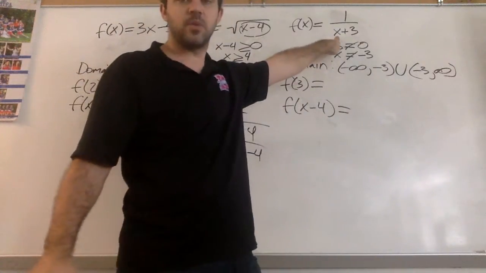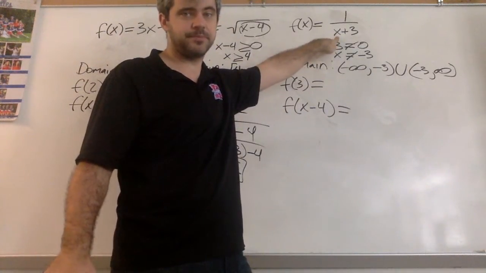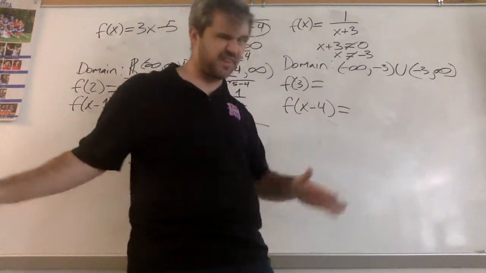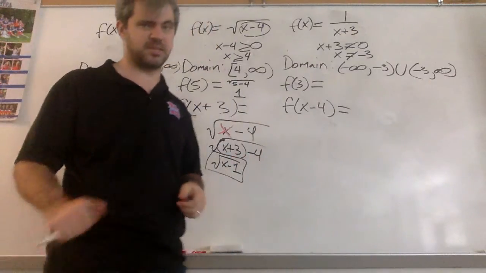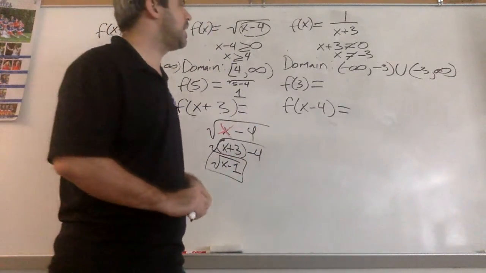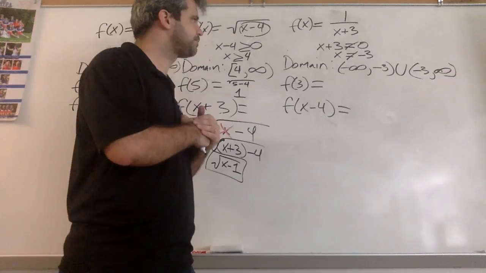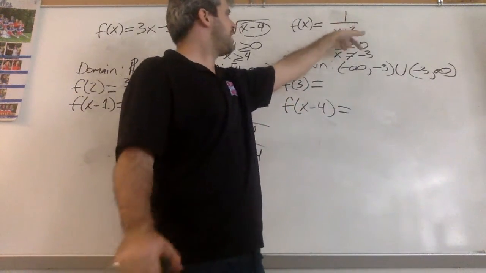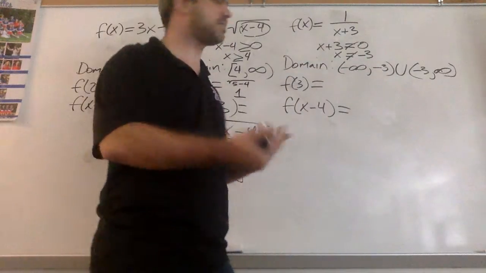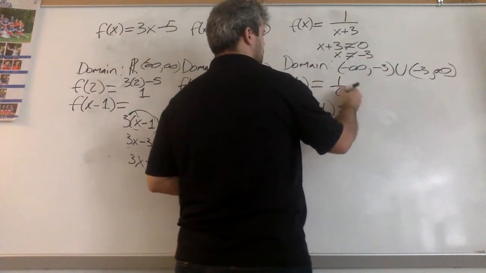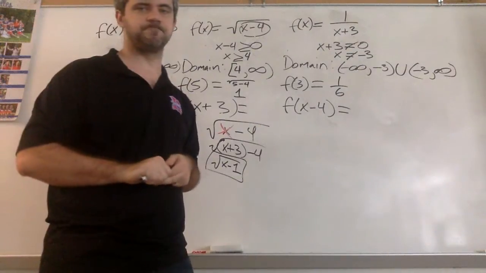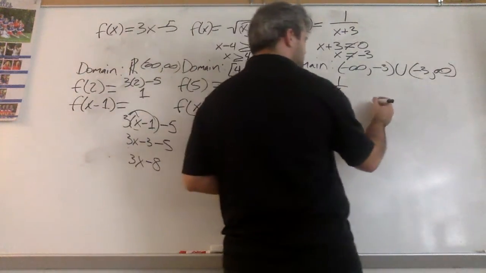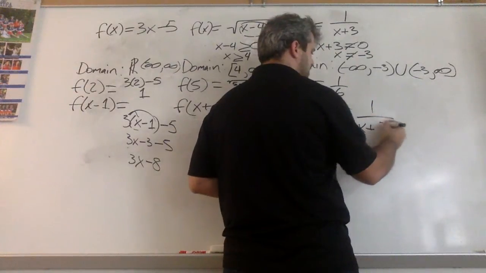Because what happens if we put -3 here? -3 plus 3 is 0. 1 divided by 0 is undefined. It makes no algebraic sense. So we leave that out. Okay. F of 3. 1 divided by 3 plus 3, that's 6. Okay. F of x minus 4. Again, just write out the original guy if you need to.